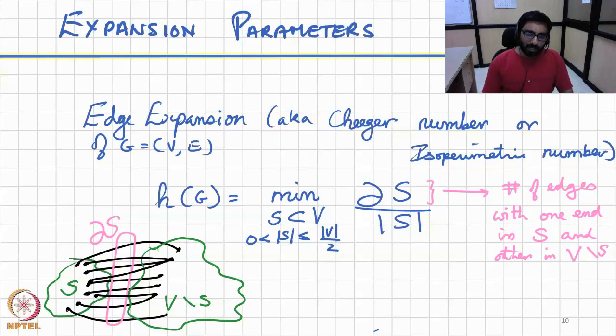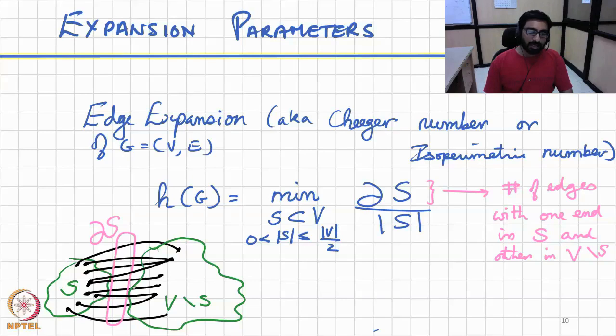So given this graph G, the edge expansion is as follows. To compute HG, you consider all the possible subsets of the vertex set of cardinality at most half the total number of vertices. And for each one of these subsets, we compute this ratio, the number of edges with one end in S and the other end in V minus S. So here's a picture that we have over here.